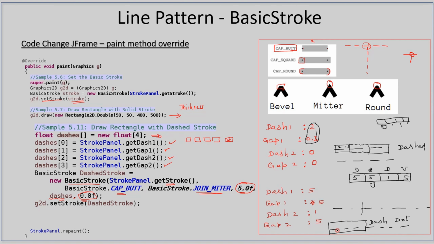That means you need 3 pen down and 3 pen up, or 3 dash 3 gap, right? And here the dashes are the same. You can even define it as a dot by reducing the dimension or unit. So this is how one can construct the dash dot or dashed outline.